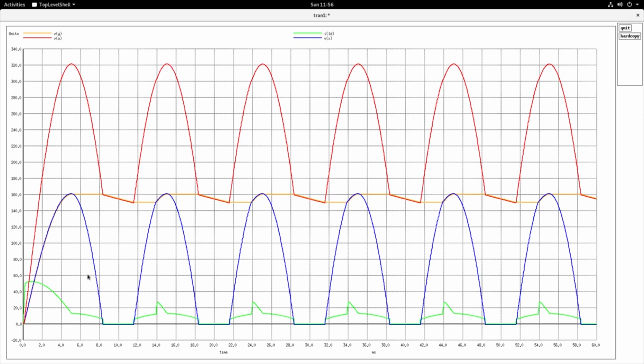Now the blue waveform is the Vx waveform. Again, the Vx waveform is similar to the one that we had discussed, Vx is the voltage waveform across the diode. Now look at this Vy here, the voltage across the capacitor.